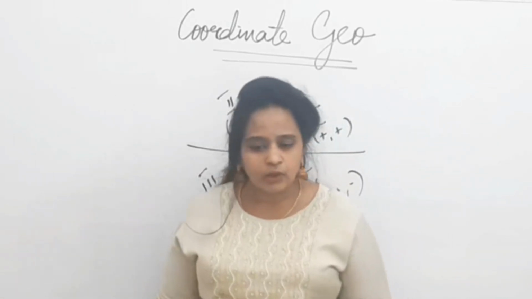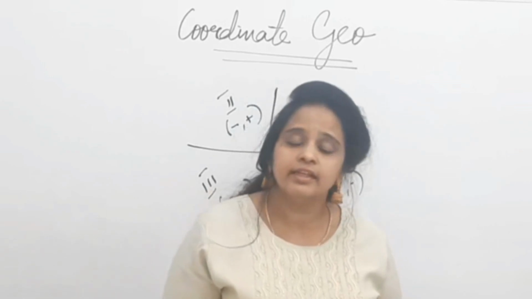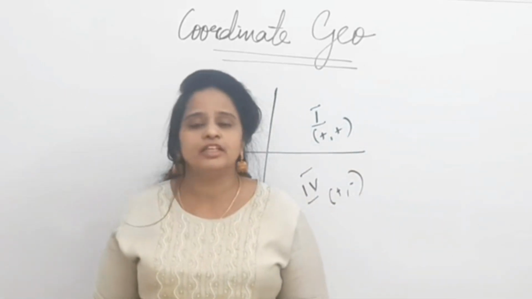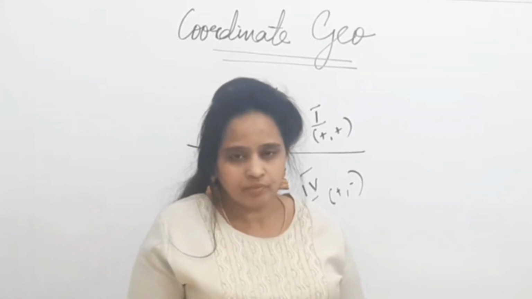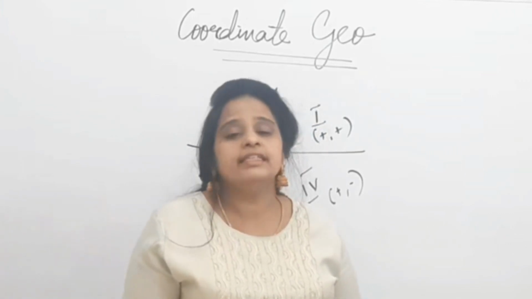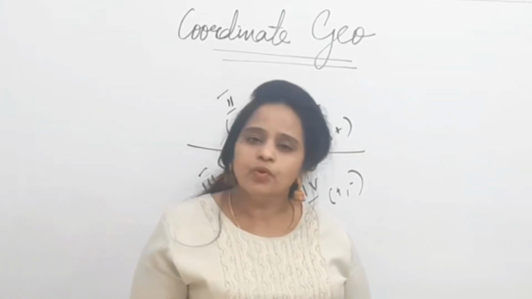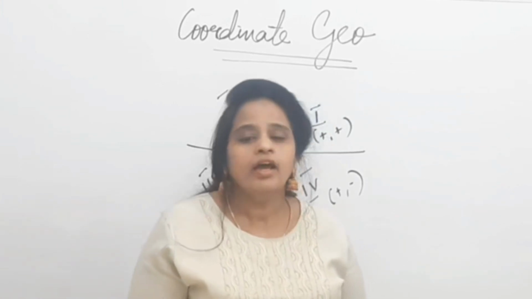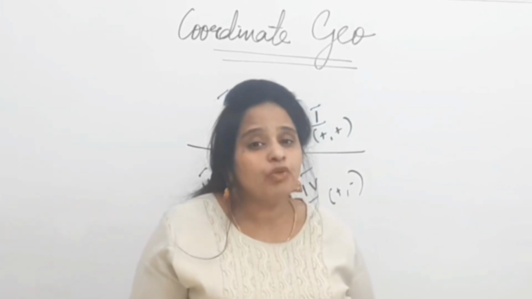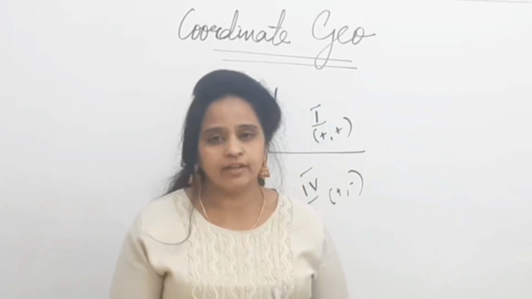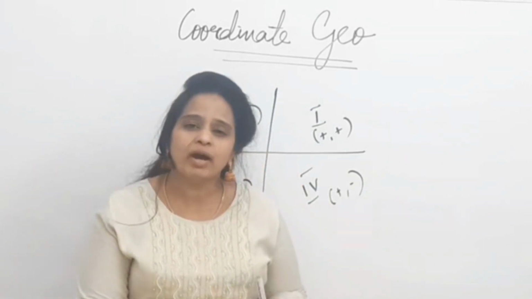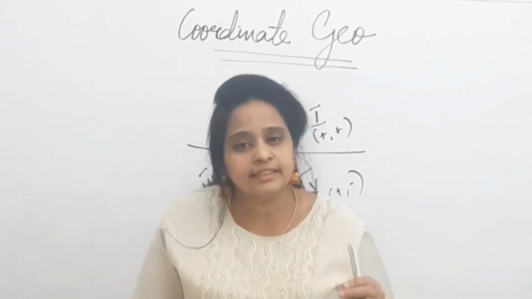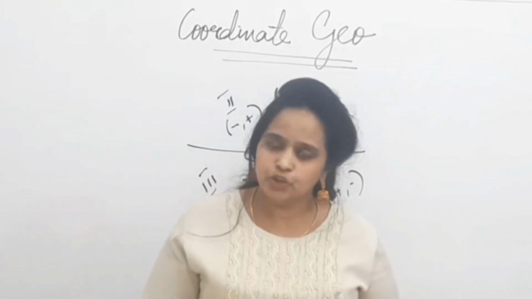I want you to recollect the formulae that we have studied, as we are nearing the board examination. The first formula is the distance formula. The distance formula is defined as the square root of (x2 minus x1) the whole square plus (y2 minus y1) the whole square, which is equal to d, the distance between any 2 points.